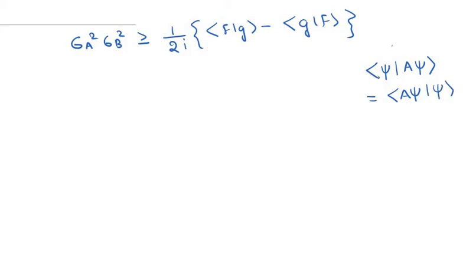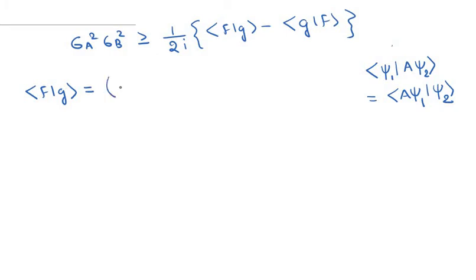Or in a much broader sense, if these are psi 1 and psi 2, then the inner product of psi 1 and a psi 2 is equal to the inner product of a psi 1 and psi 2. So we precisely use this kind of relation in the inner product of f and g.